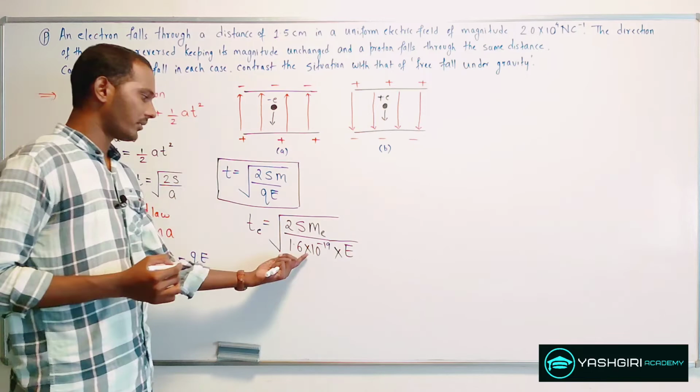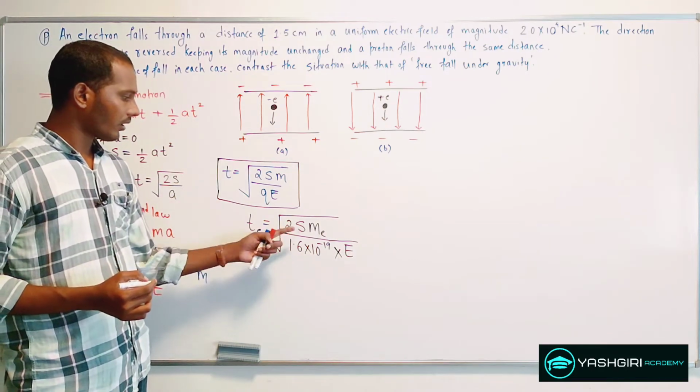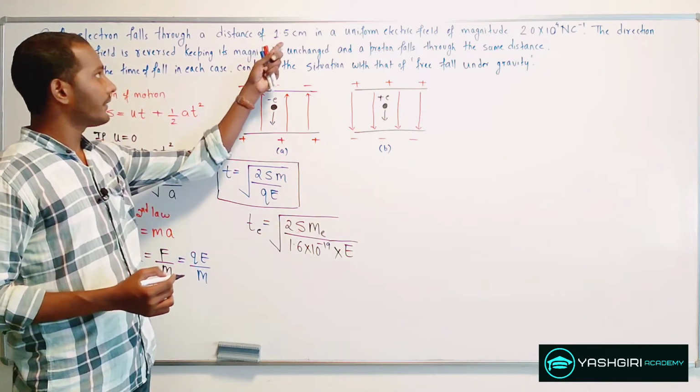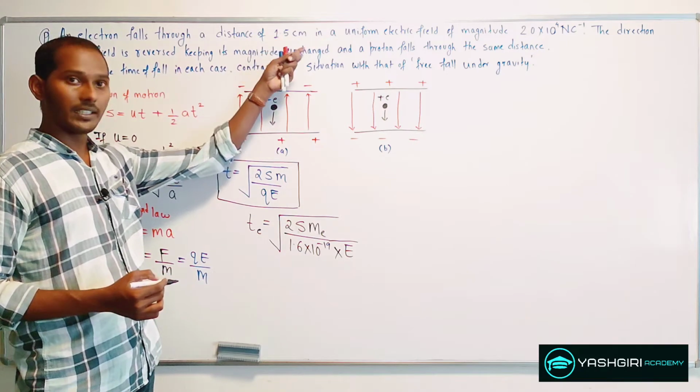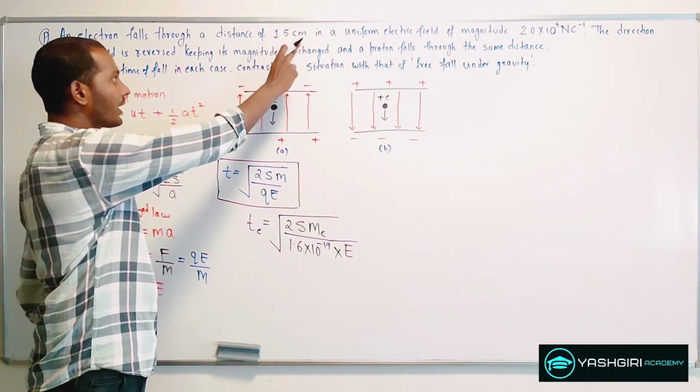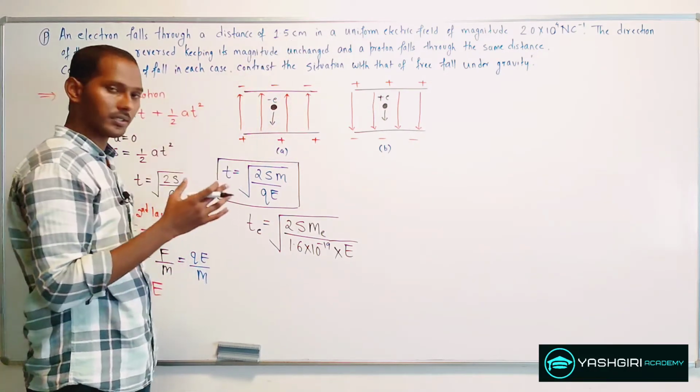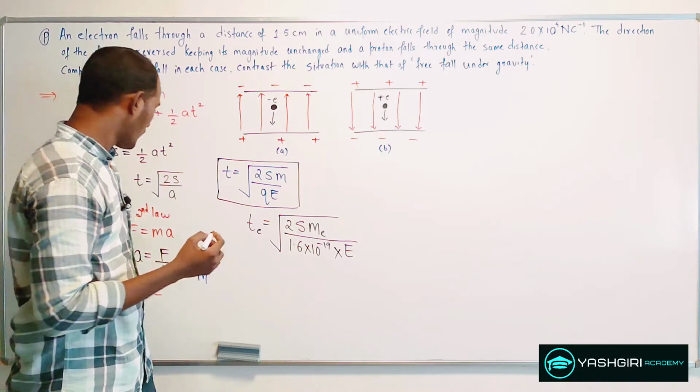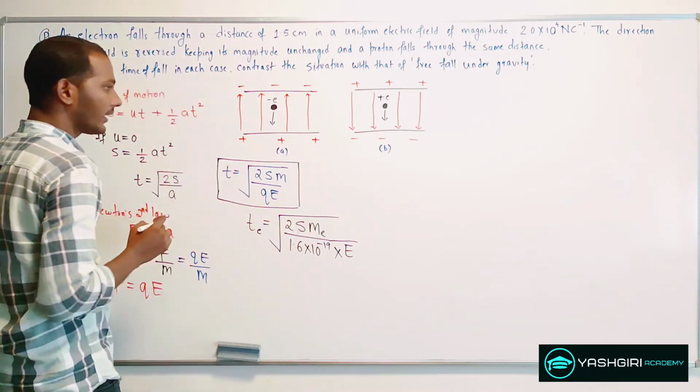So that's the expression. Now here the distance that is given to us is 1.5 centimeters. So first we need to convert this 1.5 centimeters into meters. So here I can do the conversion.